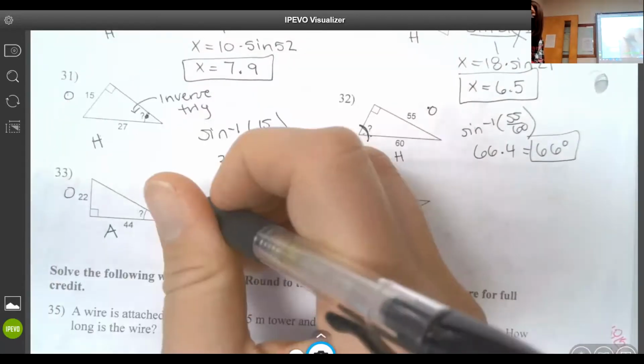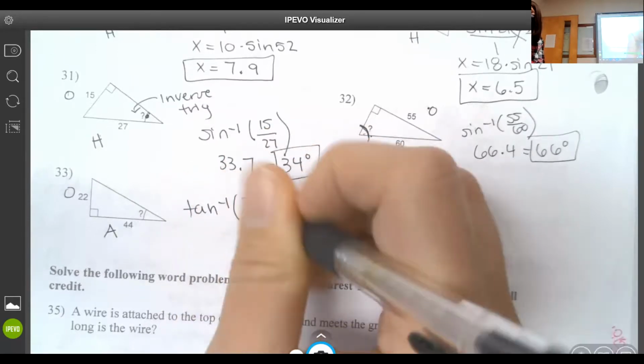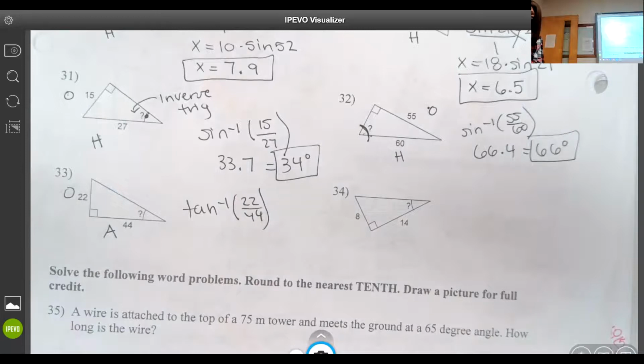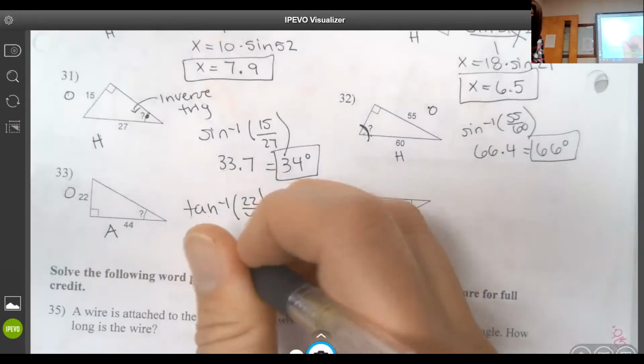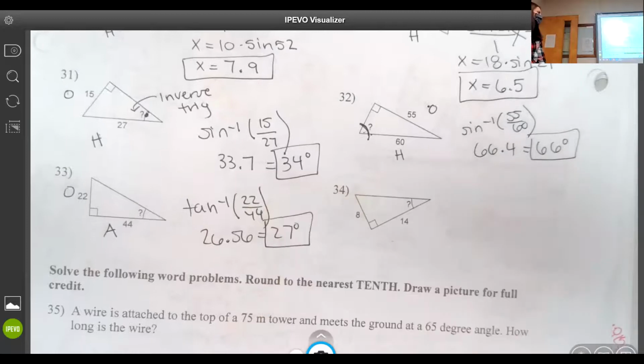Yep. And it would be just inverse tangent instead, 22 over 44. Again, you could reduce it, but you don't have to. The calculator will figure it out. I hit enter, and I get 26.56, so 27 degrees to the nearest degree.